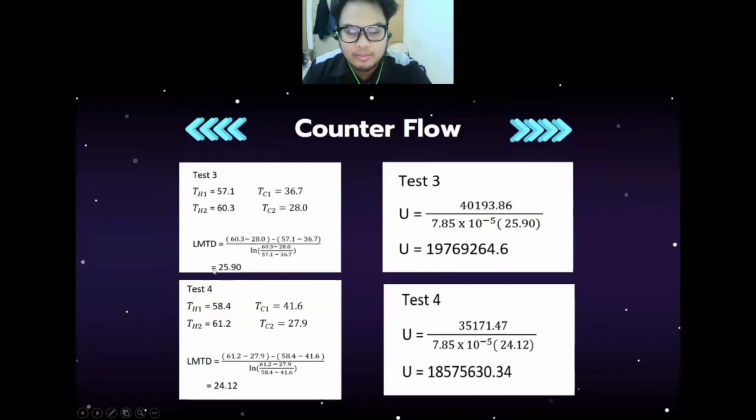For test 3, the LMTD is 25.90 and the heat transfer coefficient is 19769.264.6. And for test 4, the LMTD is 24.12 and the heat transfer coefficient value is 1857530.34.